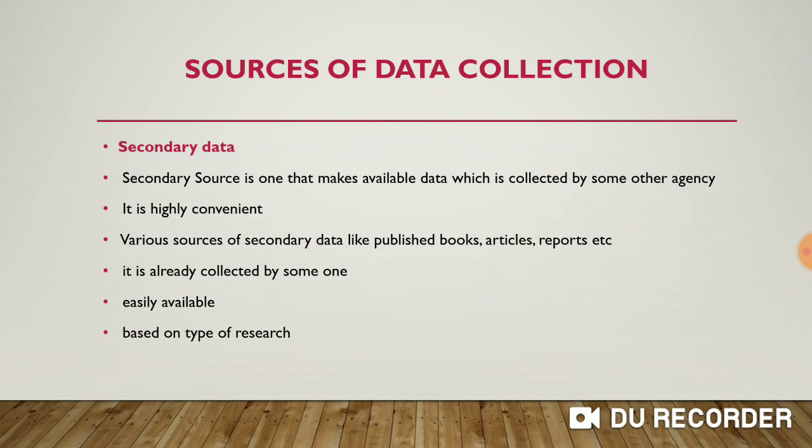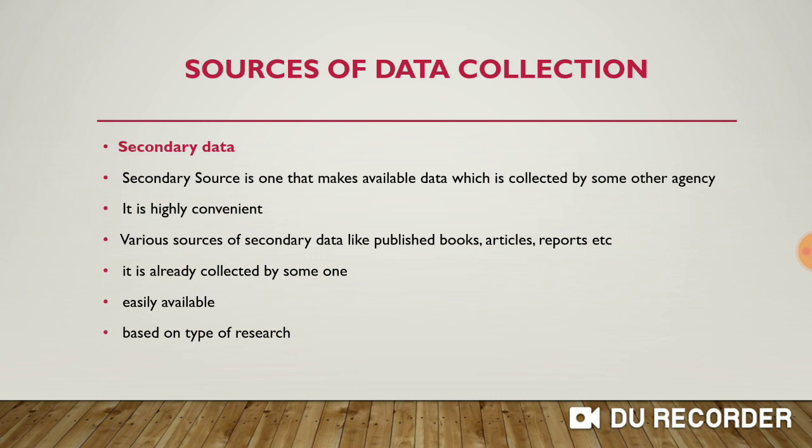There are various sources of secondary data, like published books, published articles, and reports. There are websites, you can Google it, you can search in books, published reports, and government reports. Whatever past happenings there are, and whatever past researches researchers have undertaken, can also be considered as data depending upon the nature of the current study.